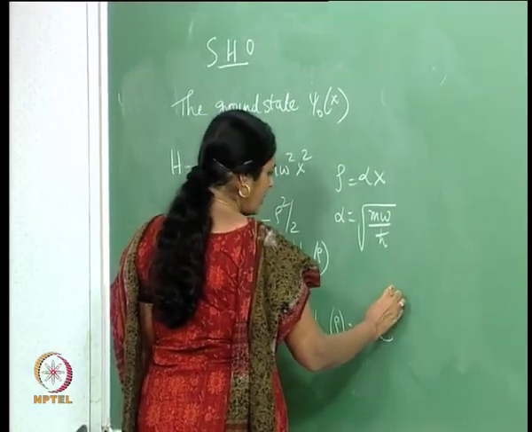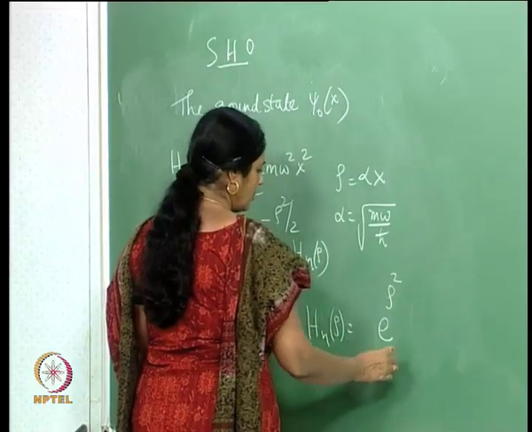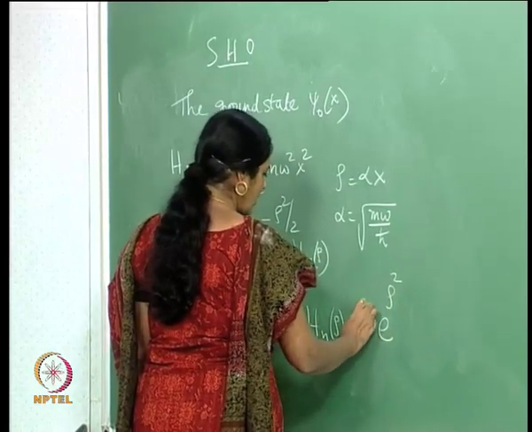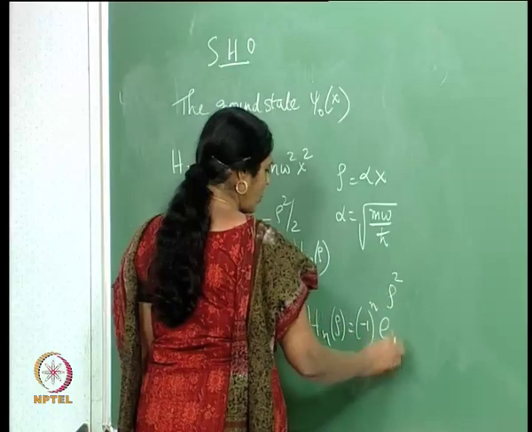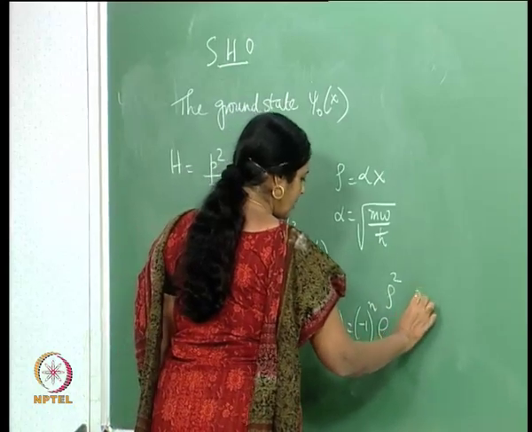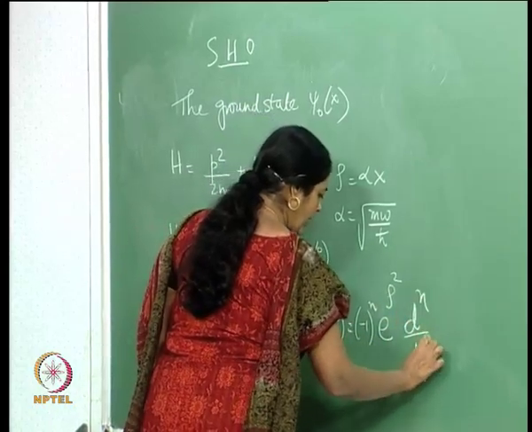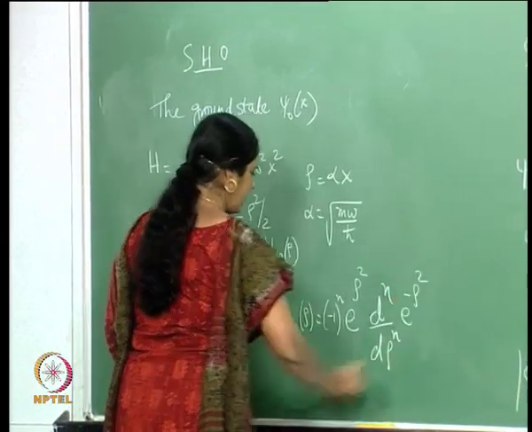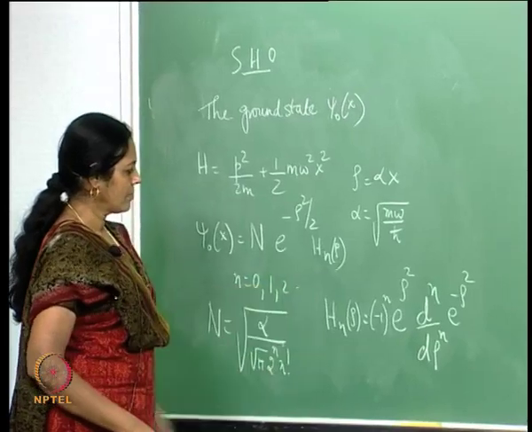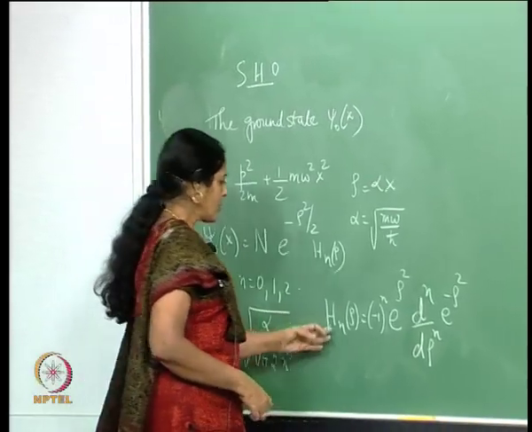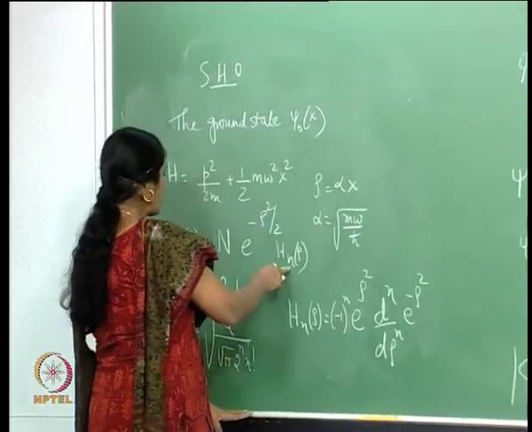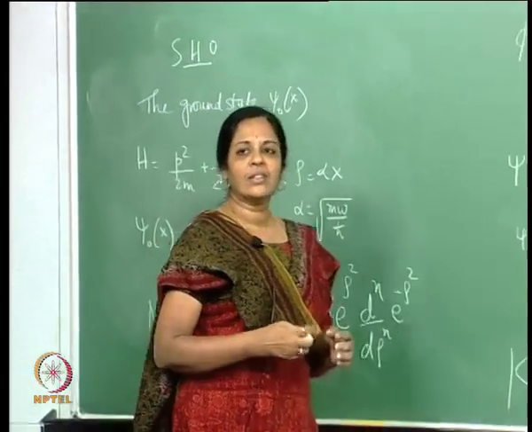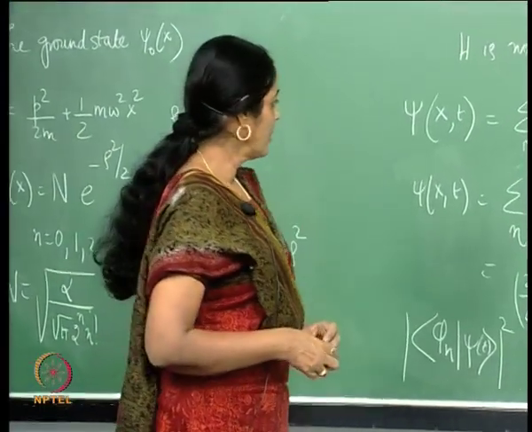It is e to the rho squared, minus 1 to the n, d^n by d rho to the n, e to the minus rho squared. So this is what you will substitute here to get the ground state of the oscillator.